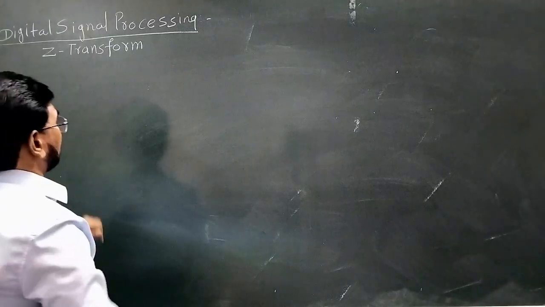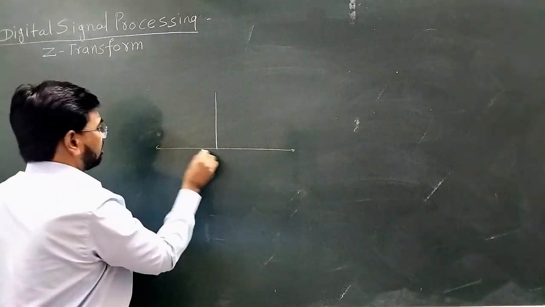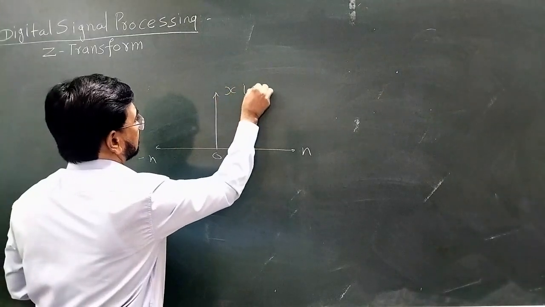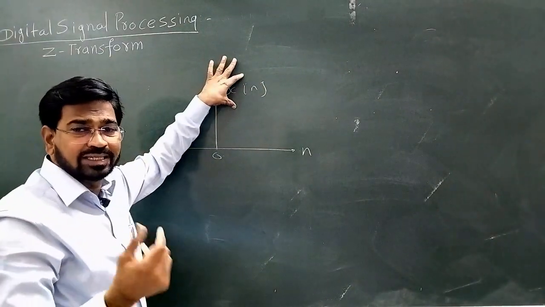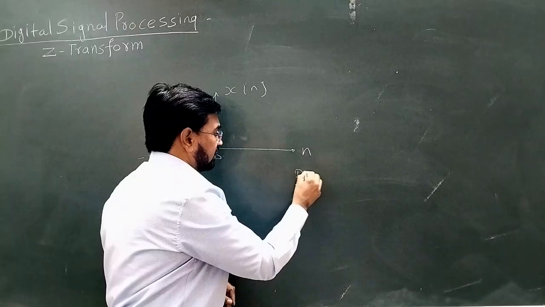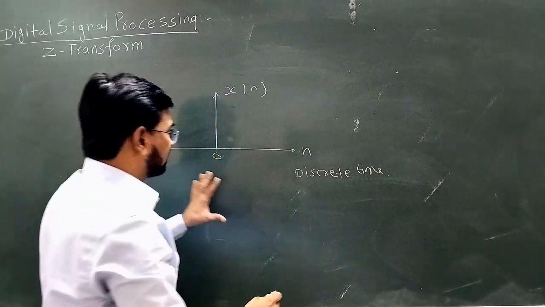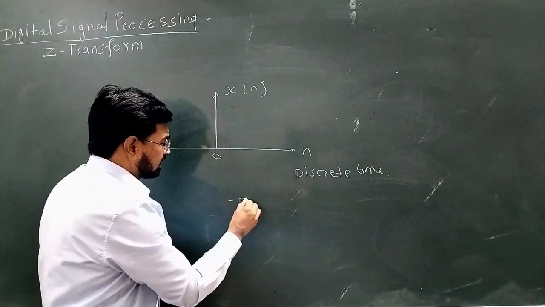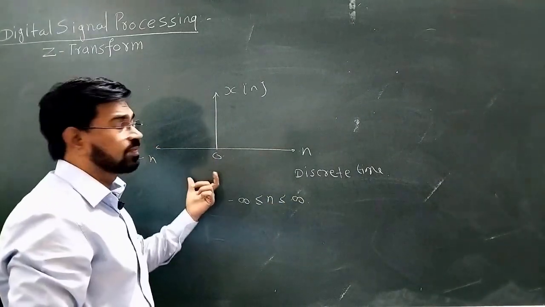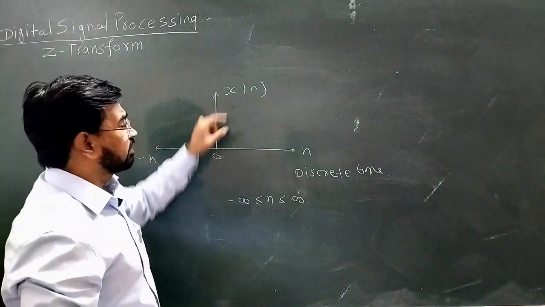I am going to write the Z transform. Before that, you should know what a discrete time sequence is. x of n is the amplitude of the discrete sequence and n is the discrete time index. The index n runs from minus infinity to plus infinity, so it is an infinite length sequence. x of n is the amplitude.